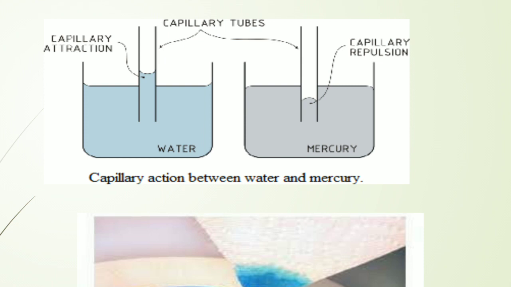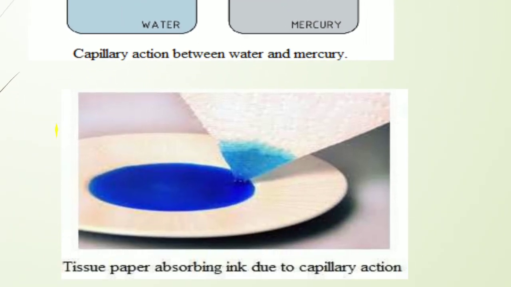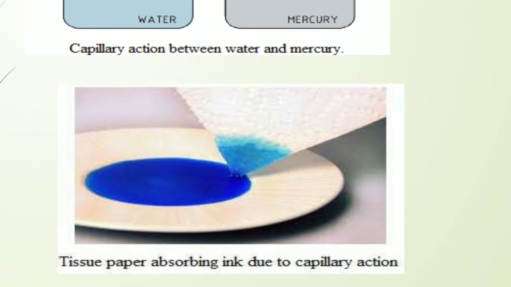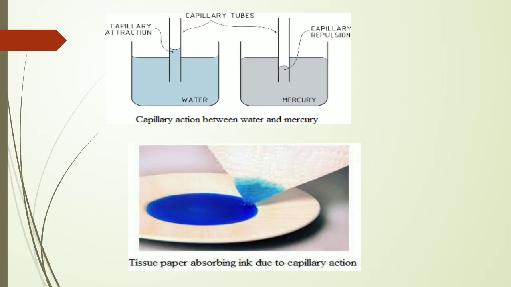A simple example is tissue paper absorbing ink due to capillary action. When you dip tissue paper in water, it sucks very quickly because of capillary action, but if you place it in mercury, it does not absorb.